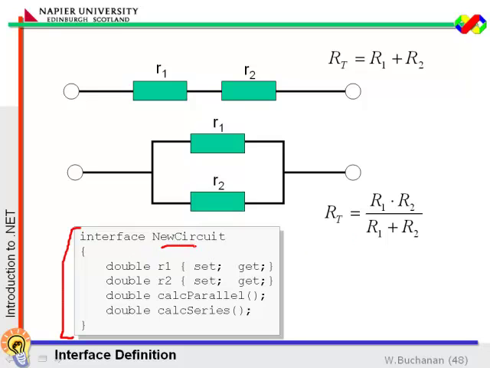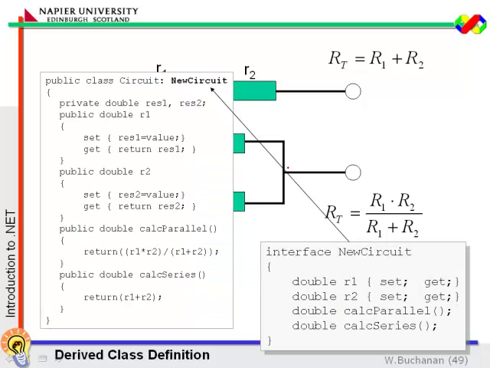In this case we have a class called newCircuit, and inside it has two properties, R1 and R2, which we can set and get, and then it has two methods called calcParallel and calcSeries. There are no parameters passed to here, but the result will be a double, and the parameters that we have here are also doubles.